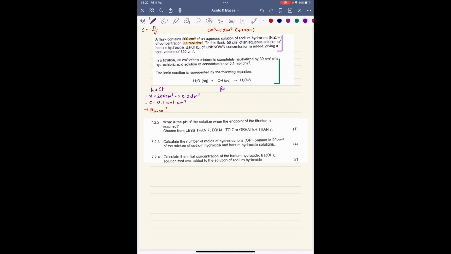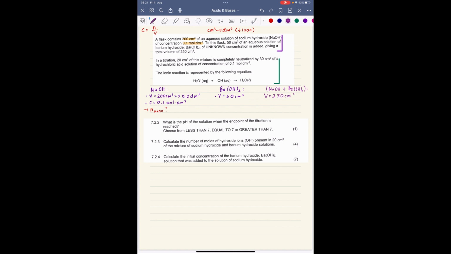Let's talk about what's known in Ba(OH)2, or barium hydroxide. It says to that flask of 200 centimeter cube, we're going to add 50 of barium hydroxide. So the volume of barium hydroxide is 50. Again, when you add these two to make that mixture of NaOH plus Ba(OH)2, the volume of this mixture is the addition of those individual volumes.